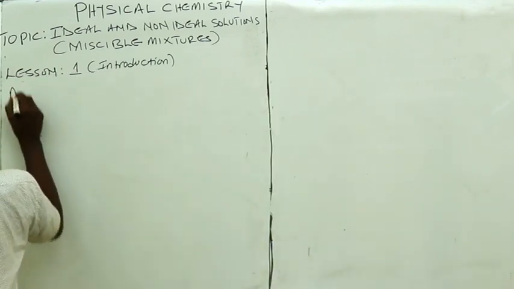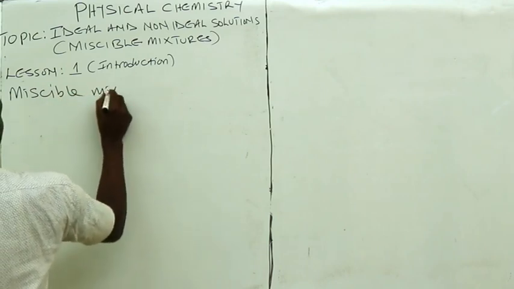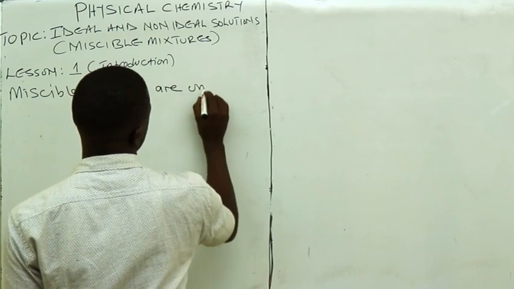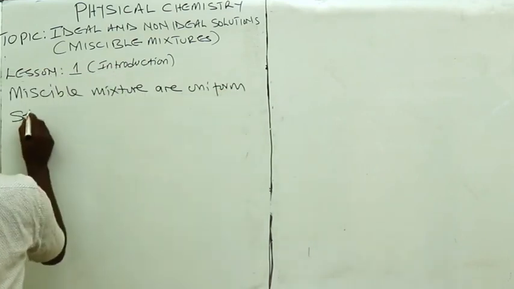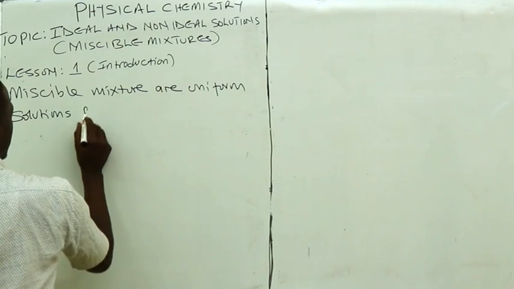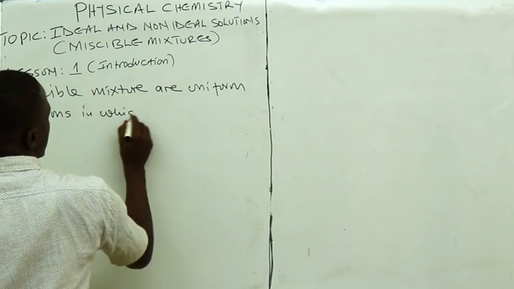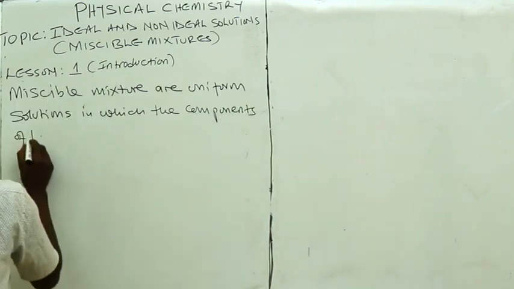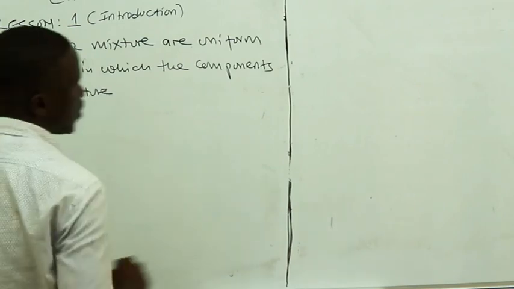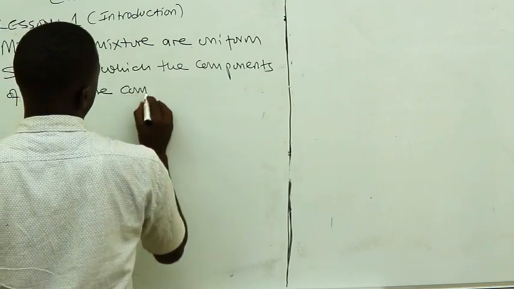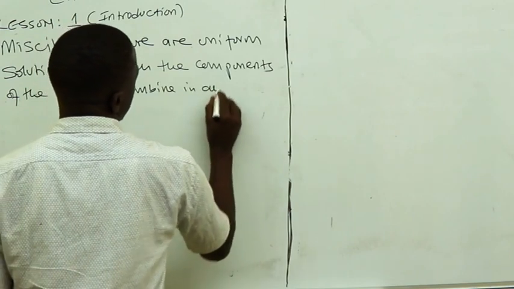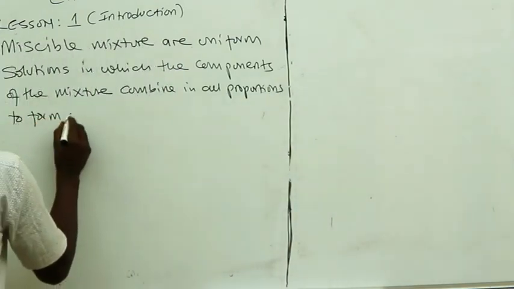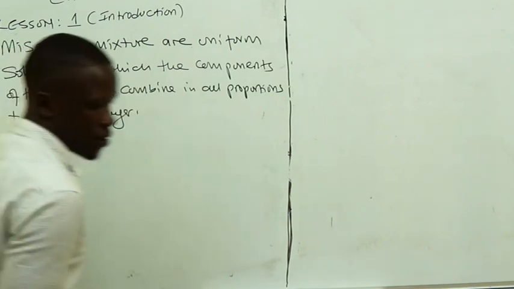So we are saying what we call miscible mixtures are uniform solutions in which the components of the mixture combine in all proportions to form one layer.